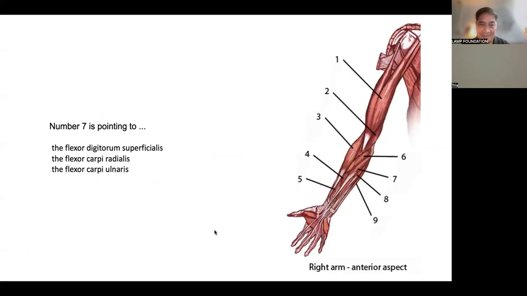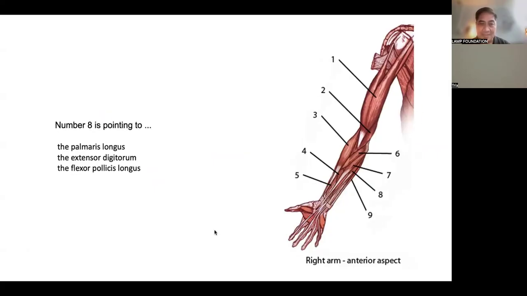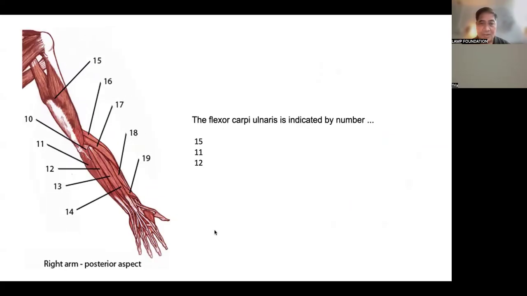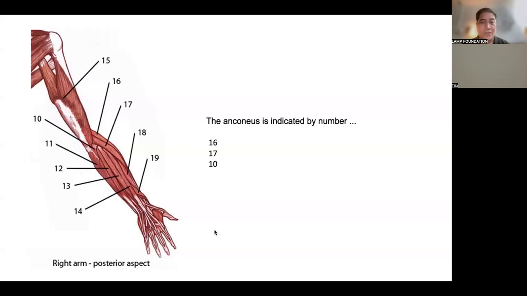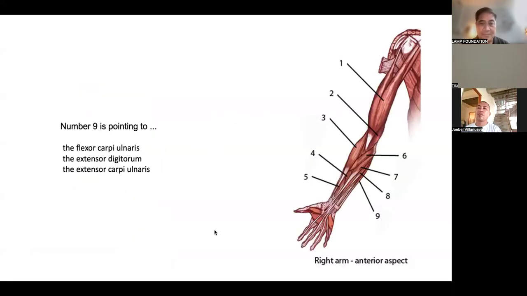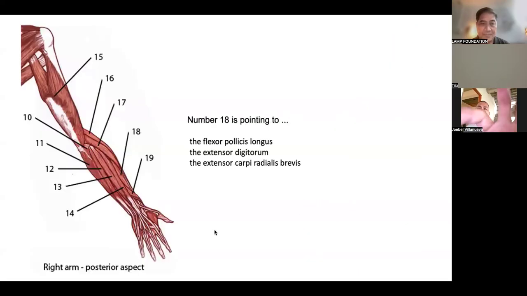Flexor carpi radialis. Number 8, palmaris longus. The extensor carpi ulnaris is number 12. Flexor carpi ulnaris, number 11. Anconeus, number 10. Abductor pollicis longus, 19. Number 9, flexor carpi ulnaris.